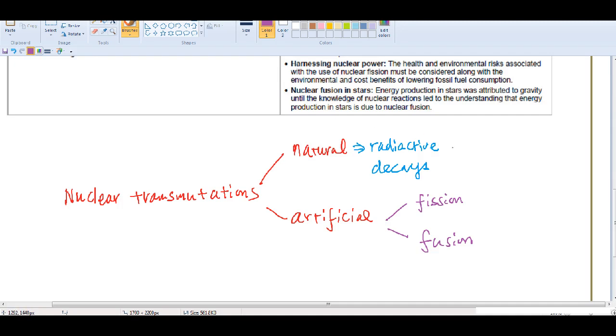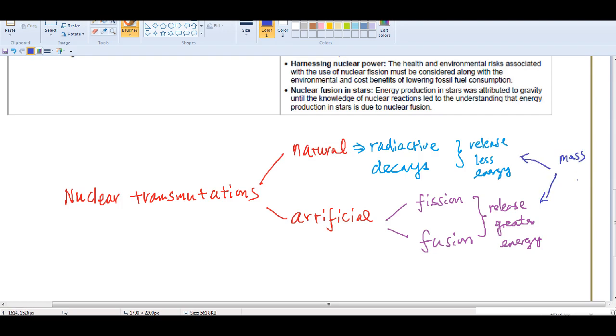So when you compare with radioactive decay, fission or fusion release greater energy, and radioactive decay releases less energy.